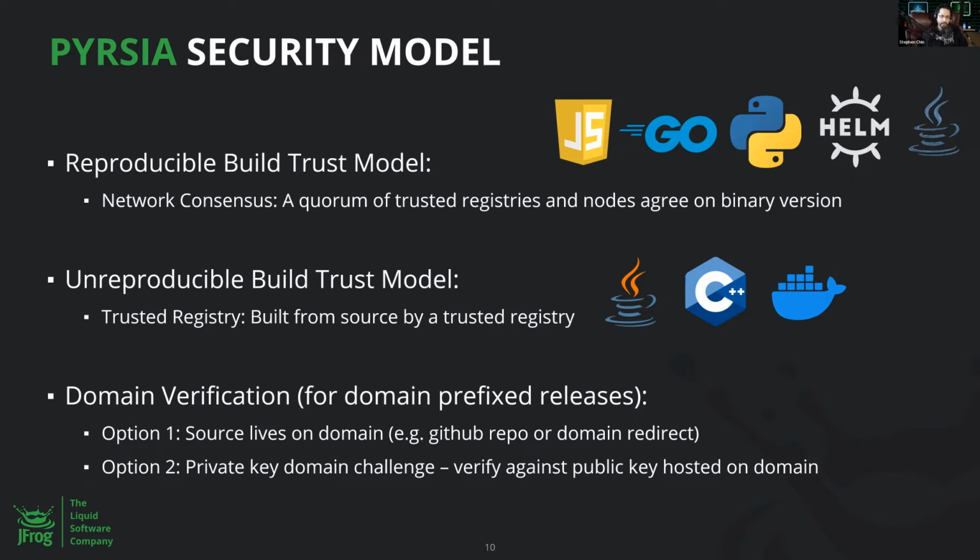And this will give you a reasonably high level of trust, but not as high as a reproducible build. And of course, we'll allow for full coordinates with domain verification as well. So you know that you can pull a package, you can get updated releases, and you're not getting compromised.